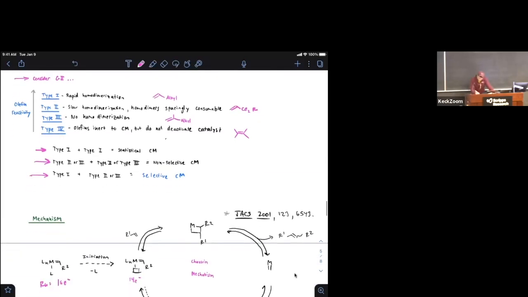And so now here's the upshot of the paper: when you try to cross a type 1 and type 1, you're going to get a statistical distribution. There's not much you can do about that.